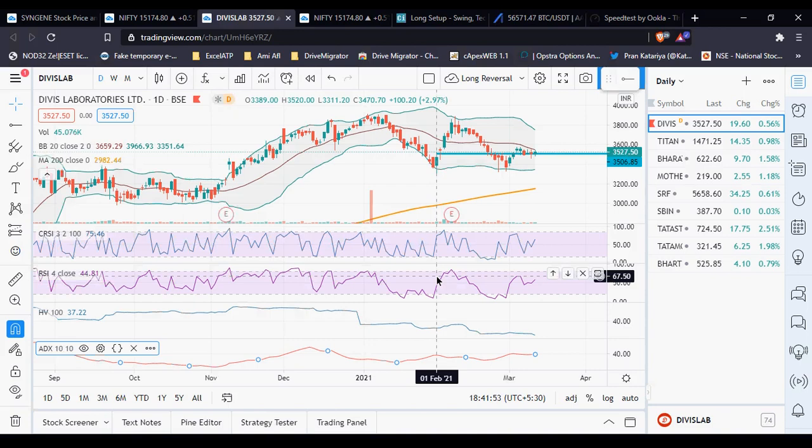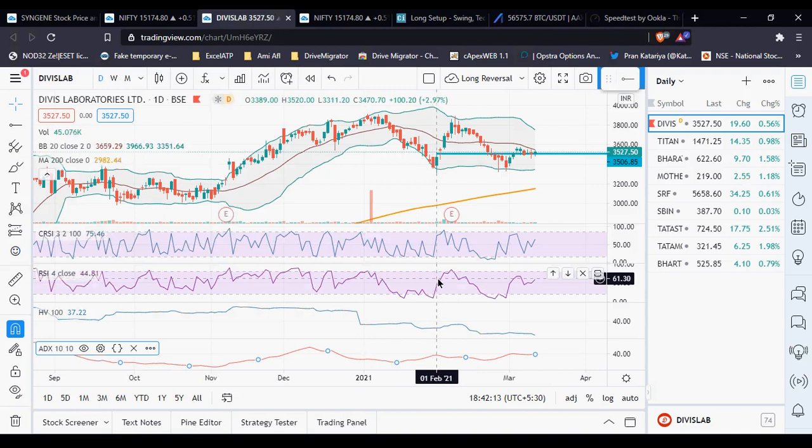So we mark the high of the green candle, and the next two settings that we need to observe are historical volatility and ADX. On the daily chart, the historical volatility should be around 40.